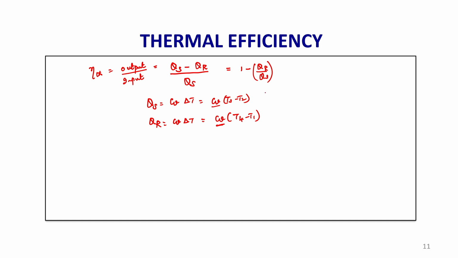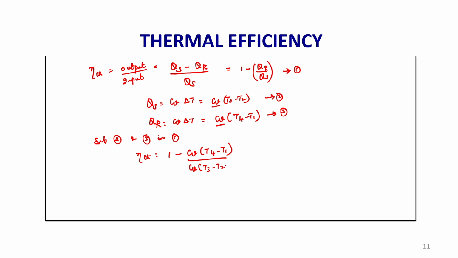So, let us substitute these two here. Let us take 1, 2, 3, substitute 2 and 3 in 1. So, thermal efficiency is equal to 1 minus, instead of QR I will substitute CV into T4 minus T1, instead of QS I will substitute CV into T3 minus T2.